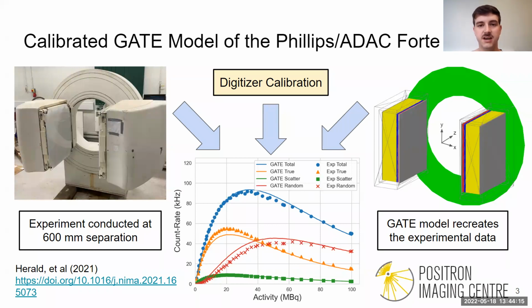And with this digitizer calibration, which was done using what was known about the detector from a previous characterization, and manually calibrating some aspects of the digitizer, the count rate versus activity curves of these two, the experiment and the GATE model, match quite well.